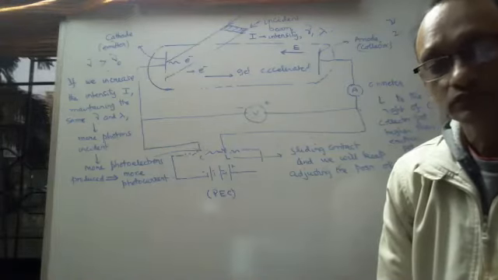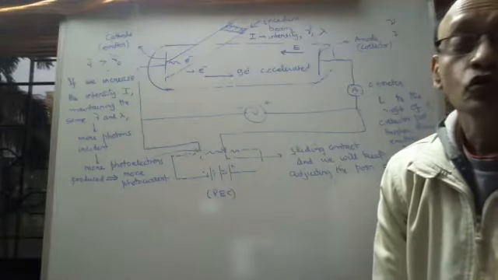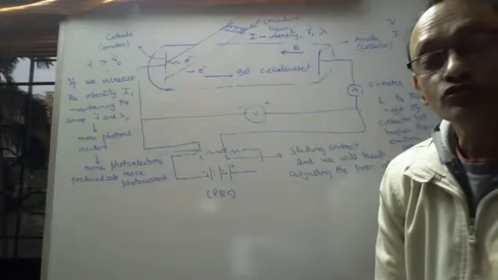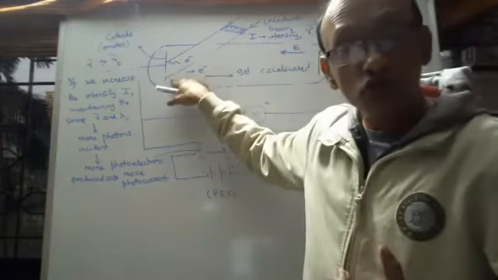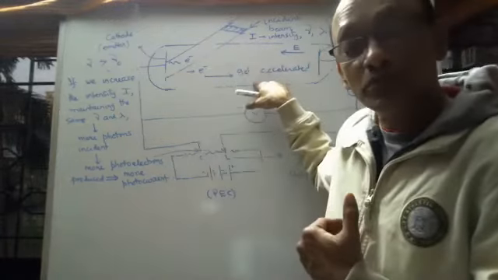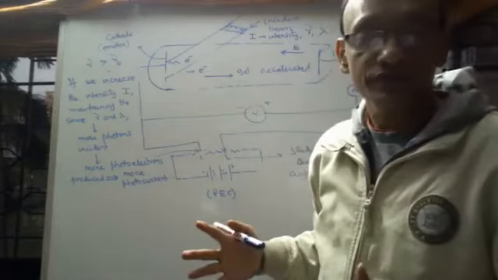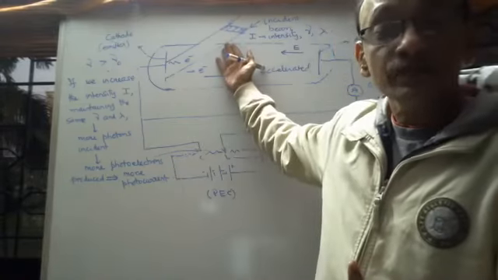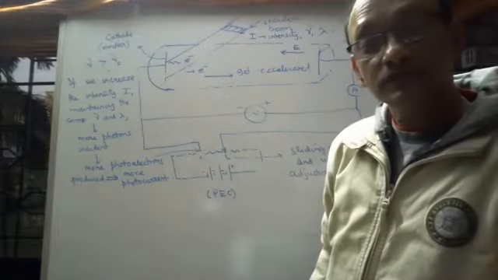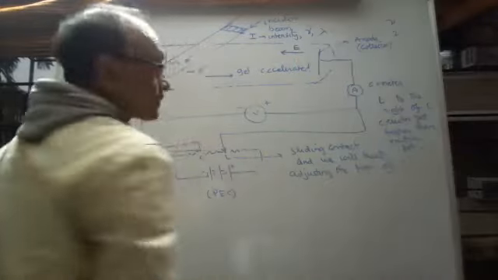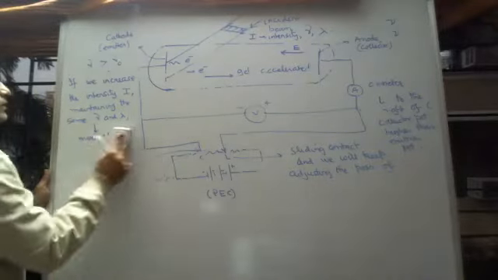In fact, intensity will be proportional to the number of photons, which will in turn be proportional to the number of photoelectrons, and the number of photoelectrons will be proportional to the total current. That means intensity and photocurrent will be linearly related. Copy?